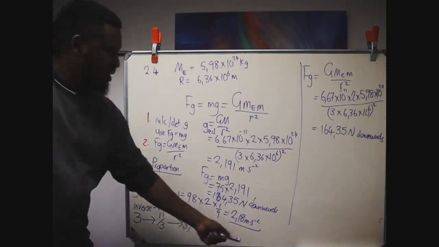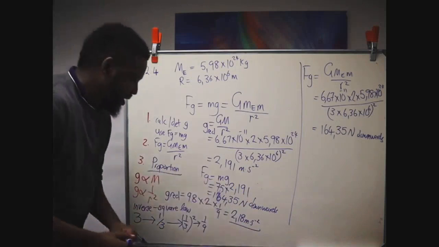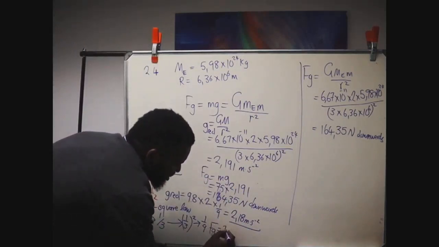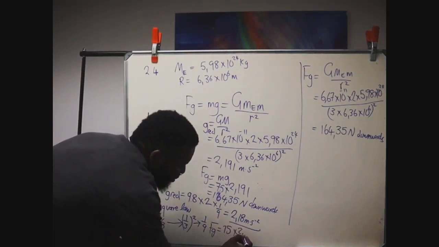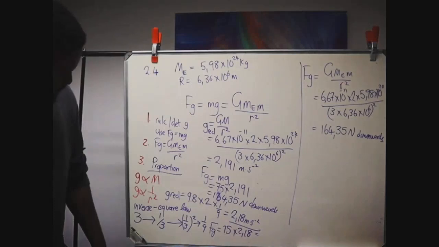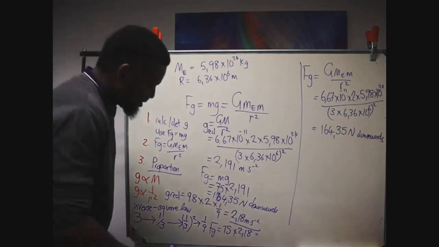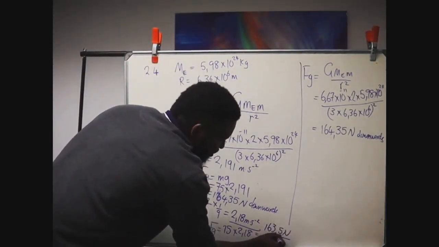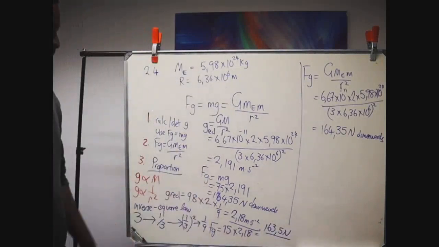Once you get the g, come back to the formula and say, oh, so Fg becomes 75 times 2.18, which is 163.5. Slightly different from that, it's fine.